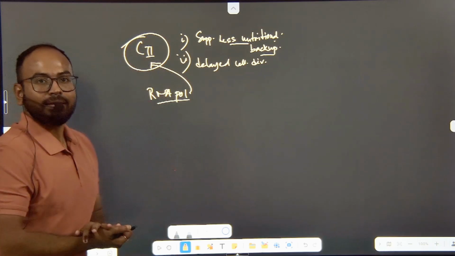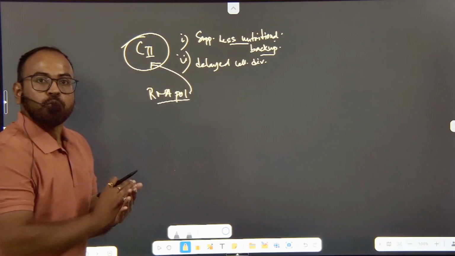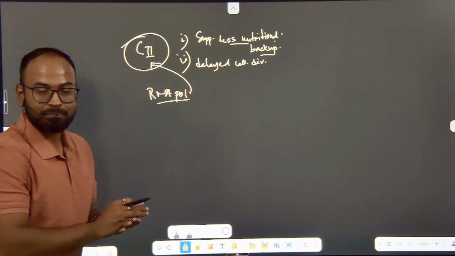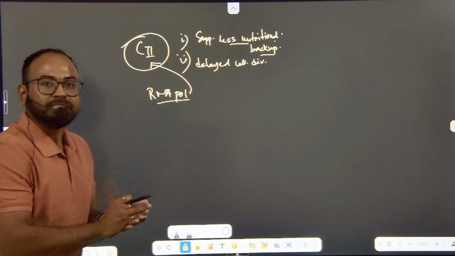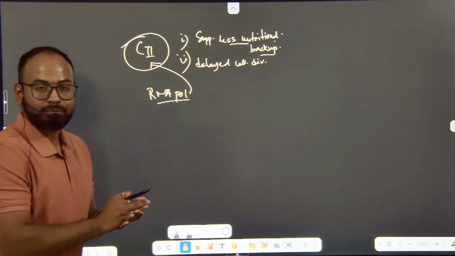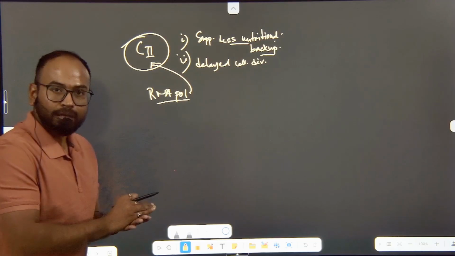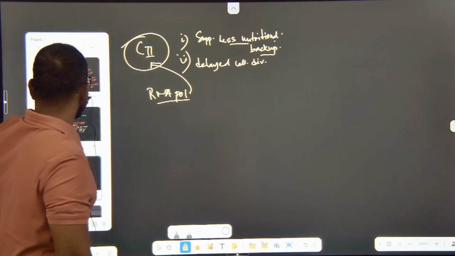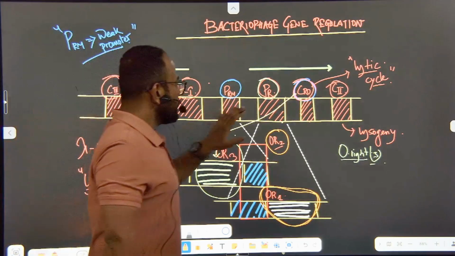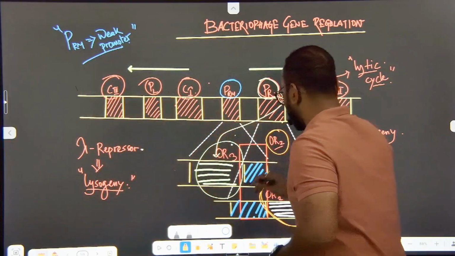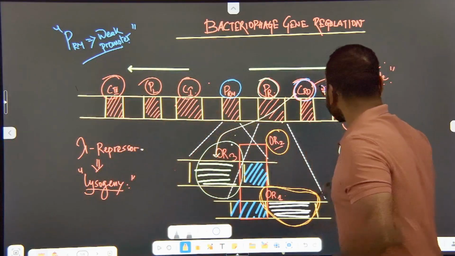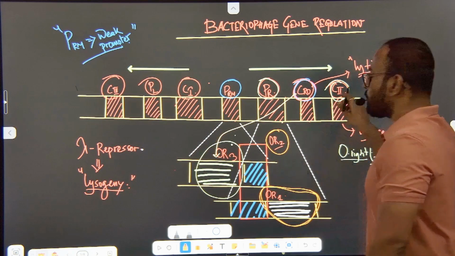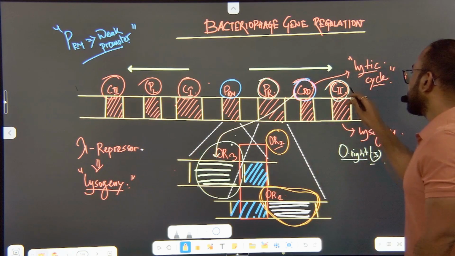This C2 protein, interestingly, is a regulator. What does it regulate and how does it regulate? Let's come to the first picture. We are talking about this C2 protein.